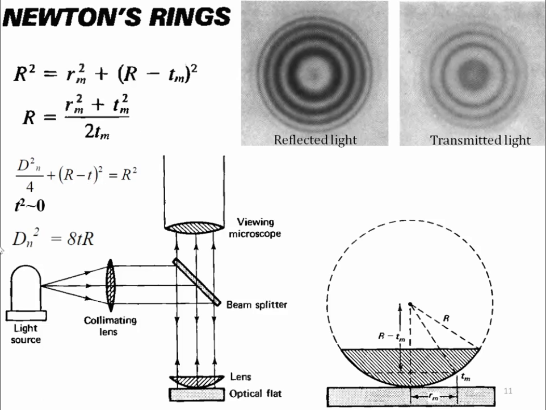In that case, on simplification this leads us to this one, Dn square, the diameter for the nth, say first one, second one, third one. This is how you can find the diameter of the nth Newton ring, which will be equal to 8 t R. Correct?